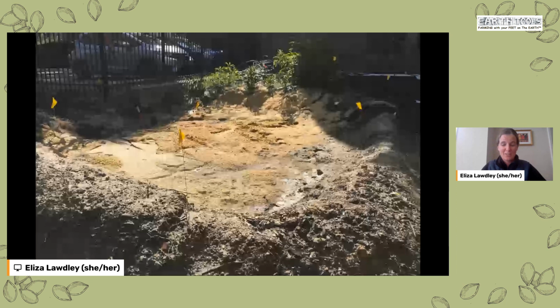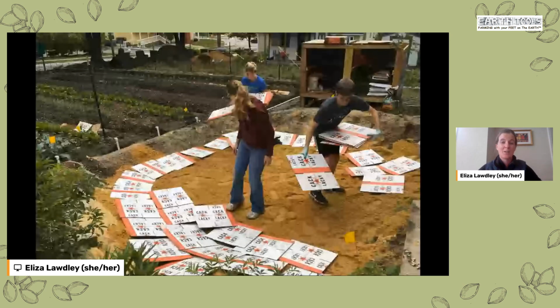Shortly after that image that you just saw was taken, we brought in a little bit more sand. This was a couple months later as we were starting to realize that we didn't want all of the water soaking into that system as fast as it was. The sand was kind of infiltrating things too quickly, and it wasn't leaving water available for the rest of the garden to kind of move throughout these raised beds.